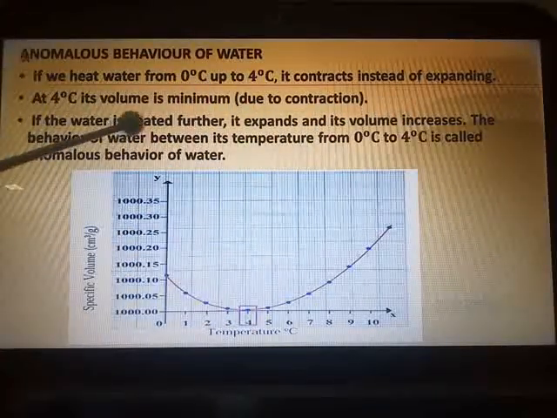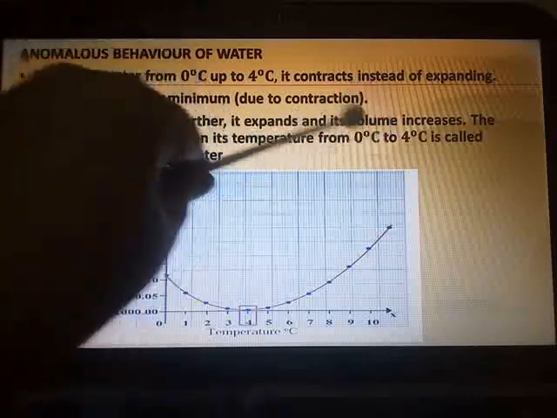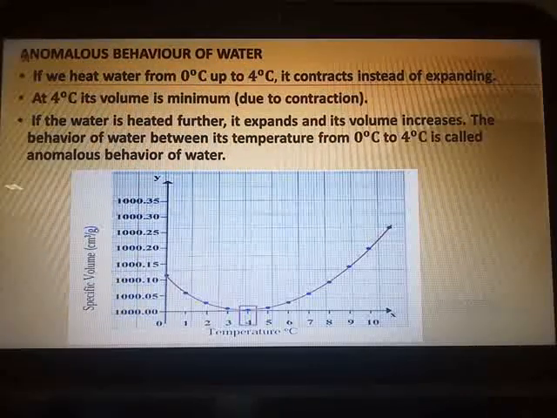This behavior of water between 0 degree Celsius and 4 degree Celsius, that is, it contracts instead of expanding, is called anomalous behavior of water. It is a behavior not experienced by other liquids, shown only by water.